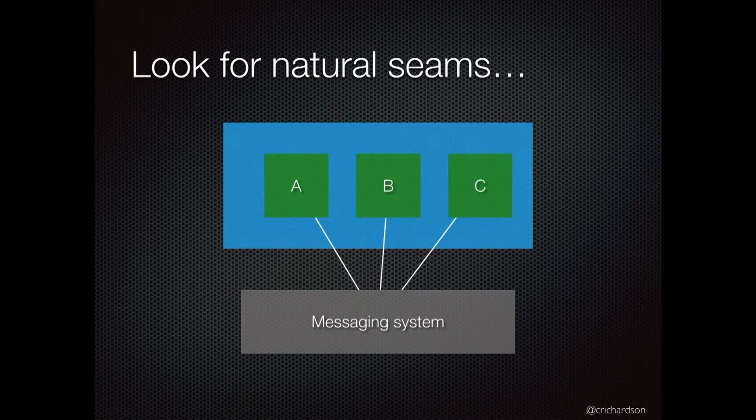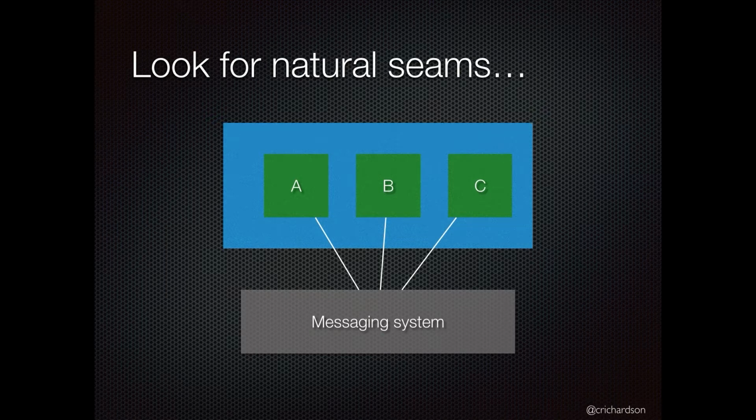Another thing to consider is you want to look for natural seams within your application, because these seams represent easy boundaries between components that you can then split apart and put into separate services. So, for instance, many applications have an architecture that looks like this, where they're monolithic, but they have components that only ever interact through a messaging system.